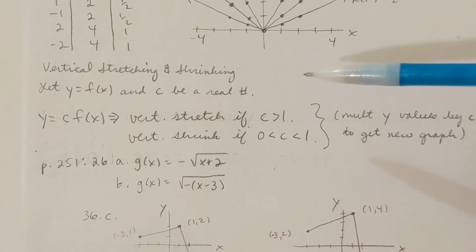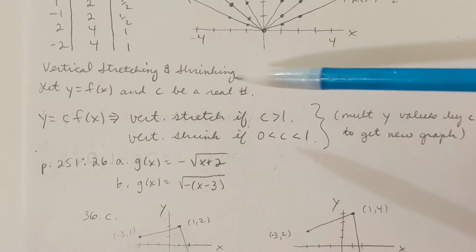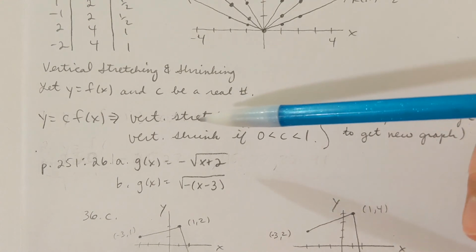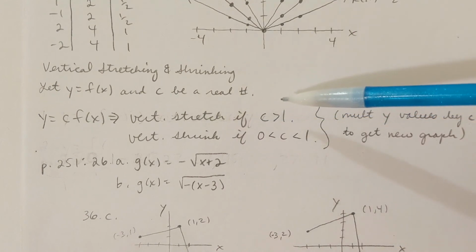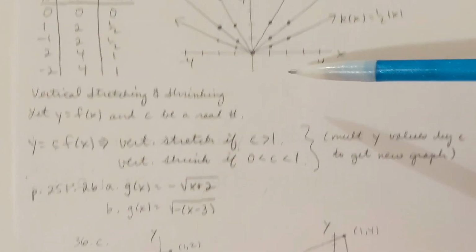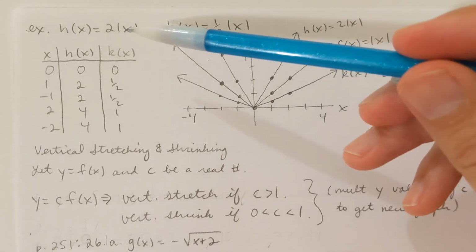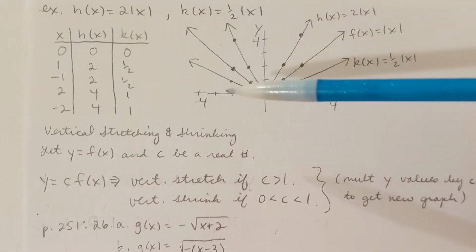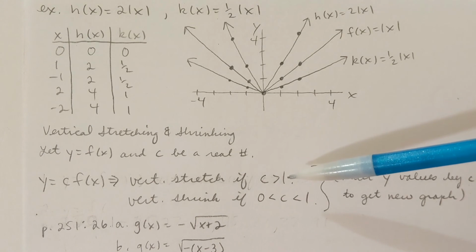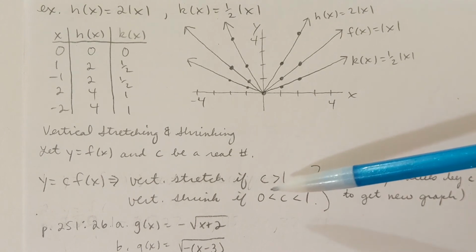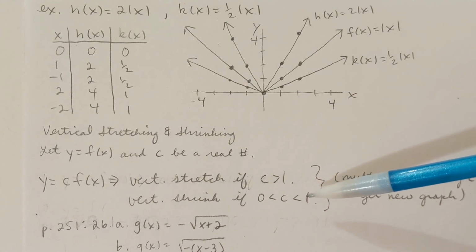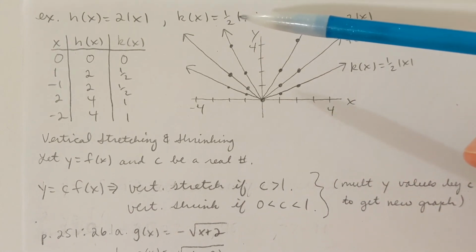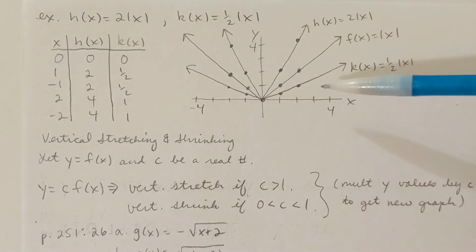In general, when it comes to vertical stretching and shrinking, let y equal f of x and c be a real number. Y equals c times the absolute value of x means that I've got a vertical stretch if c is greater than 1, like if c is 2, and if c is greater than 0 but less than 1, I end up getting a vertical shrink.